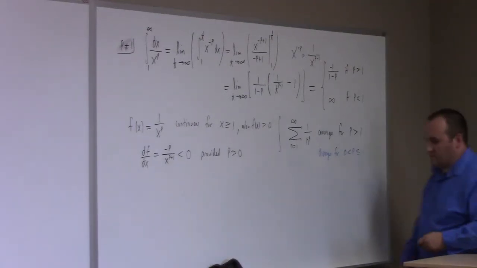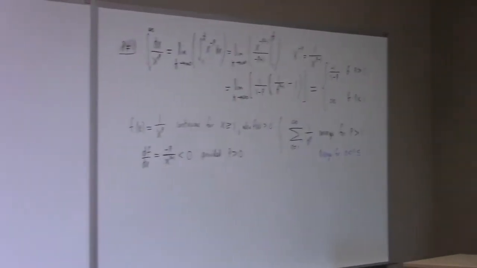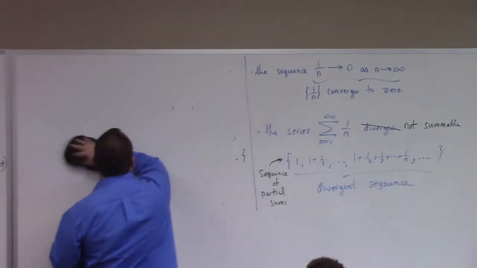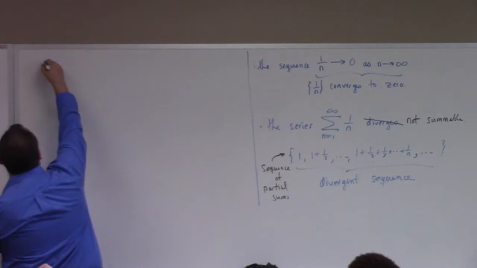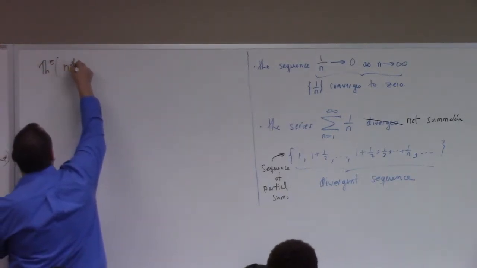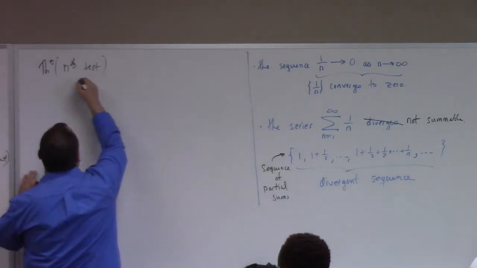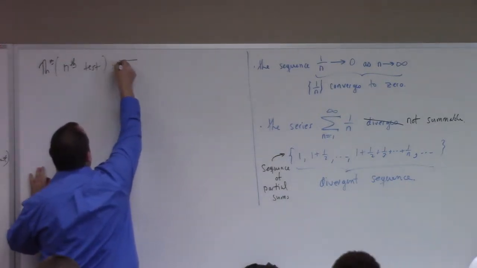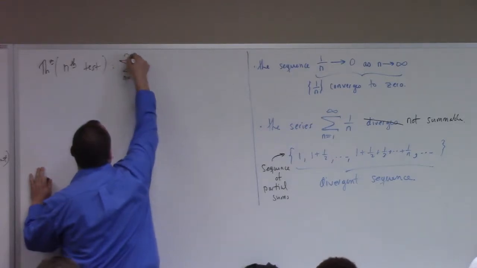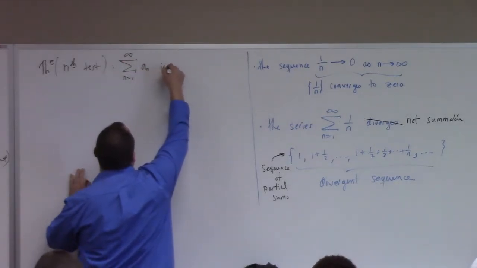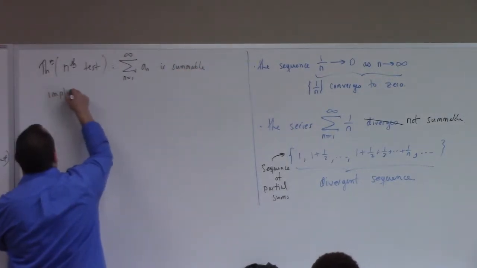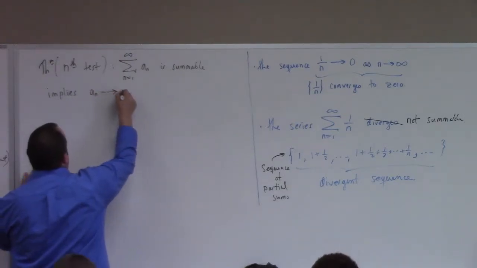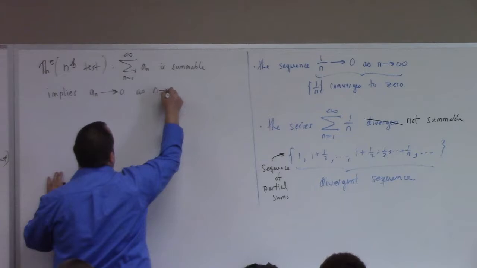I really need to get back to the geometric series. Where was I? Theorem, the so-called nth term test. The sum n equals 1 to infinity of a sub n is summable implies that a sub n goes to 0 as n goes to infinity.